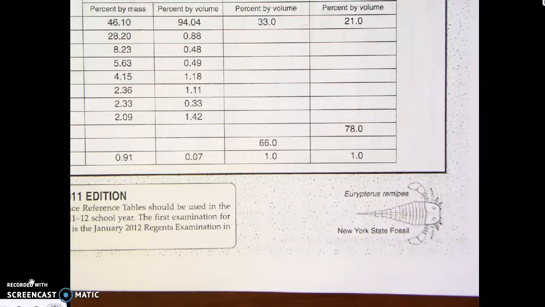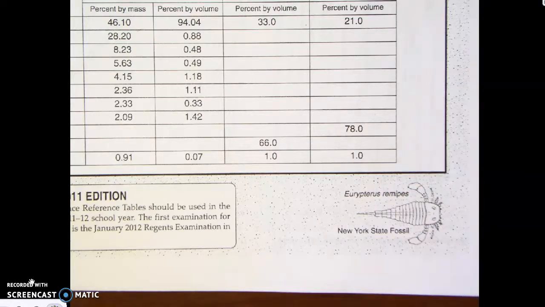I wanted to point out to you before we get started though, here's the bottom right corner of your reference table, and right there is the Eurypterid, which I mentioned in one of the last videos. The common name for this is a sea scorpion, or Eurypterid, or here's the specific species name for this type of Eurypterid.